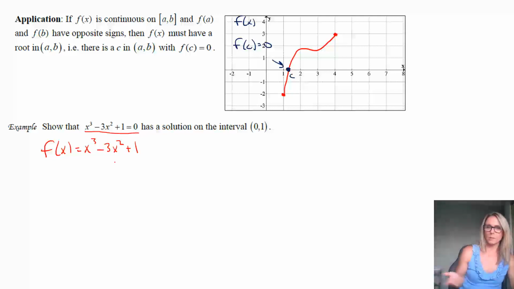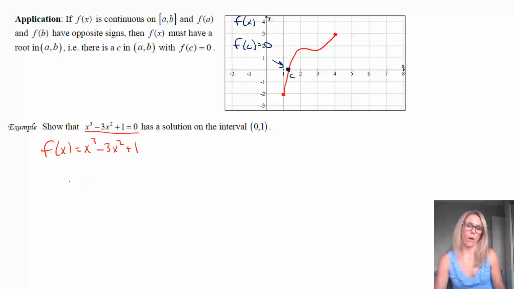If it's equal to 0, that means it has a place where it's crossing the x-axis, meaning it's an x-intercept. And so the IVT guarantees that if certain things are satisfied. So we might say, does this have a root? That's the same as saying a solution to this equation on the interval 0 to 1.